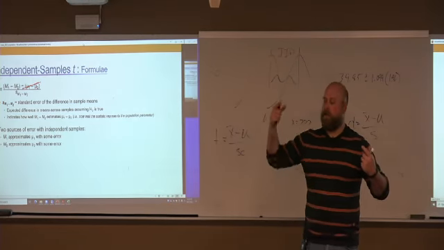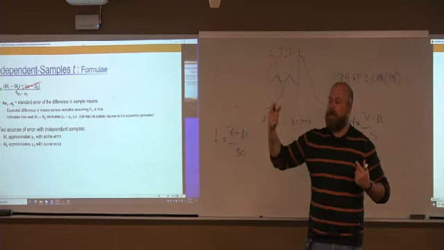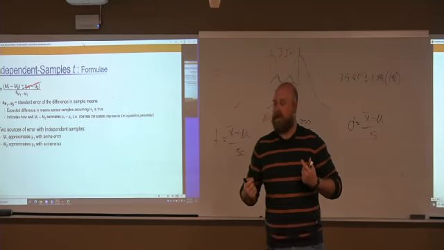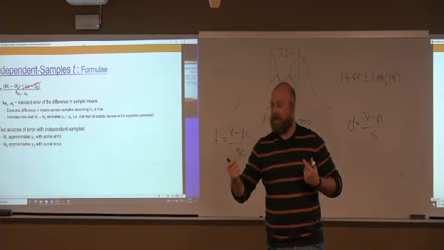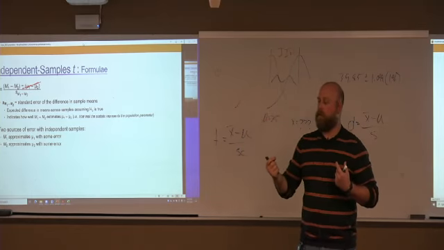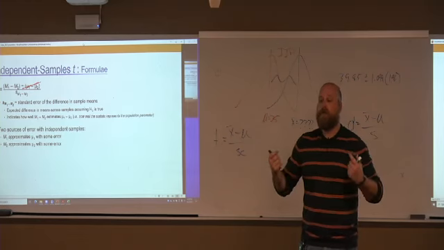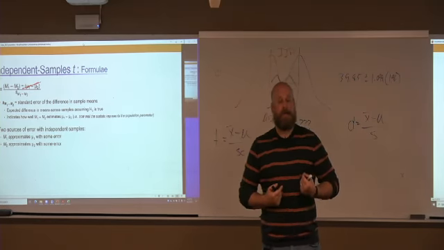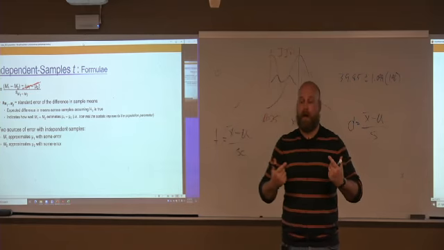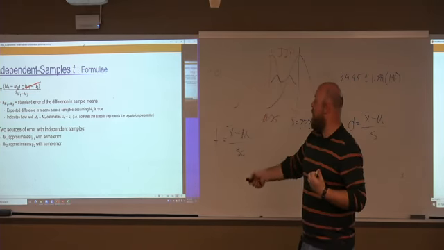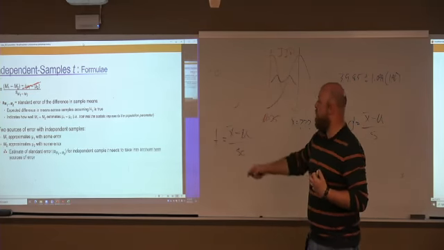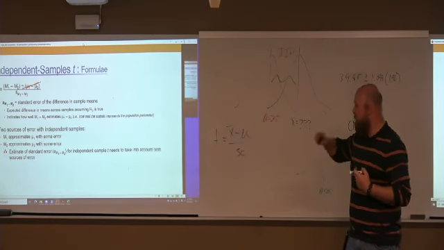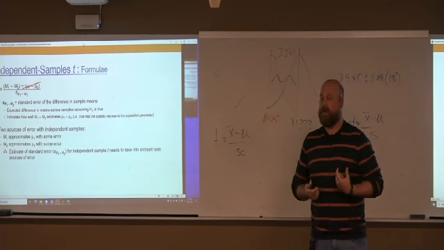And Jalen, you go and collect a sample from population B, and you find a mean value of 56. How confident are you that that value is exactly the population value for that group? So instead of just having variability and error in one sample, now we've got two samples to account for error. As a consequence, the estimate of the standard error for my independent sample t has to take into account both sources of error.